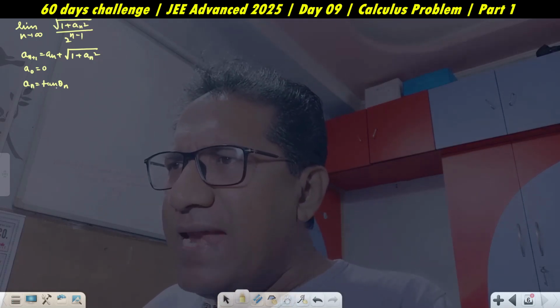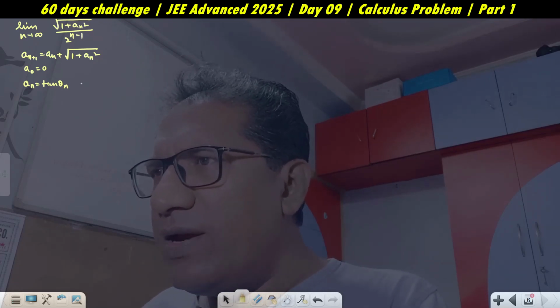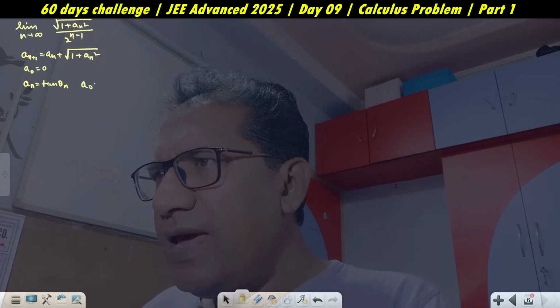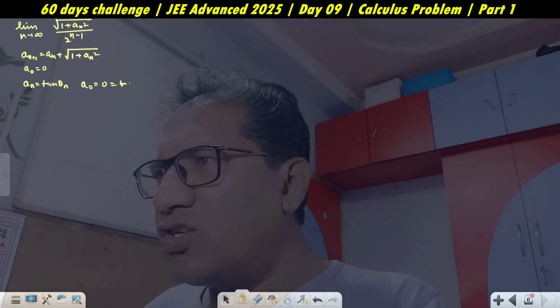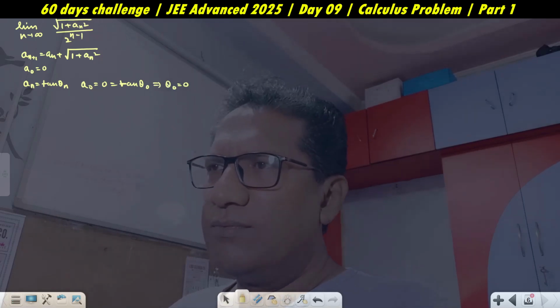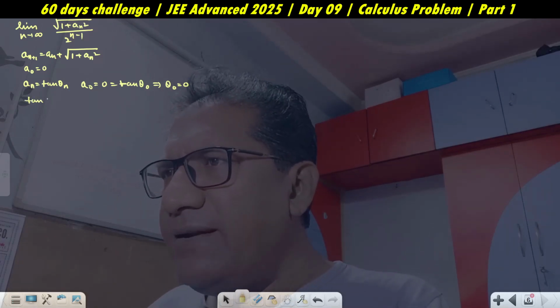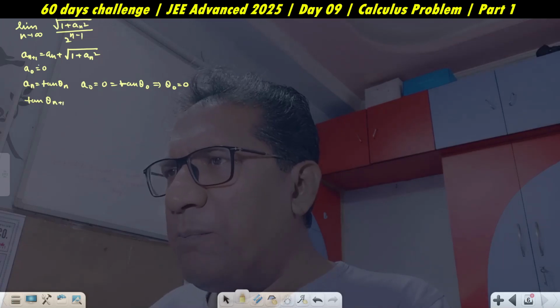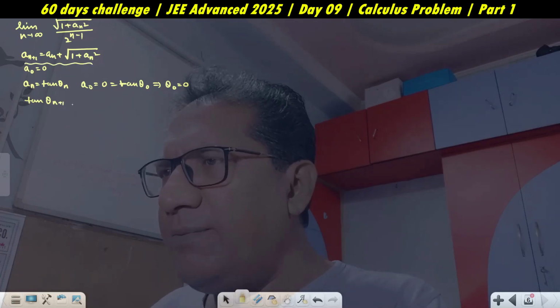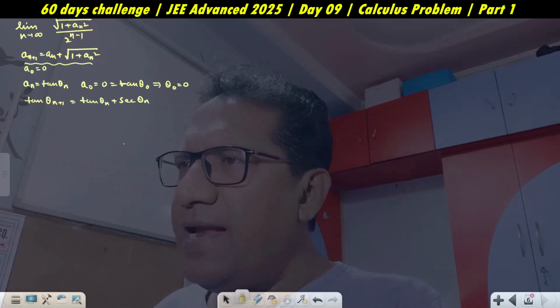So if a(n) is tan theta n and a0 is 0, it implies a0 is tan theta 0, which means theta 0 is 0, right? And from the recurrence relation, tan theta (n+1) equals tan theta n plus sec theta n.